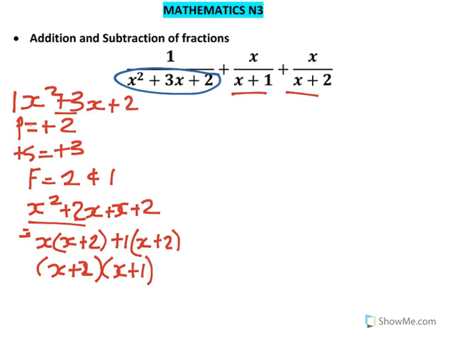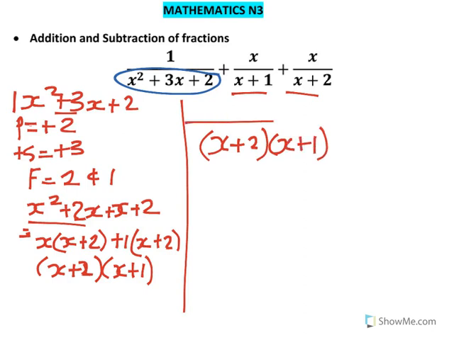When you continue, so this is our common denominator, and you can see that x plus 2, x plus 1 is actually part of the two denominators in the other fraction. Hence the common denominator there is x plus 2 and x plus 1. If you look at it, x plus 1, after we've simplified, this is common to all the other two fractions.